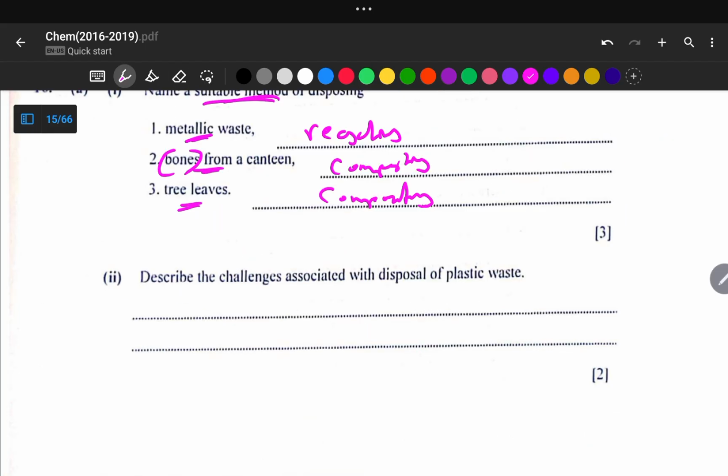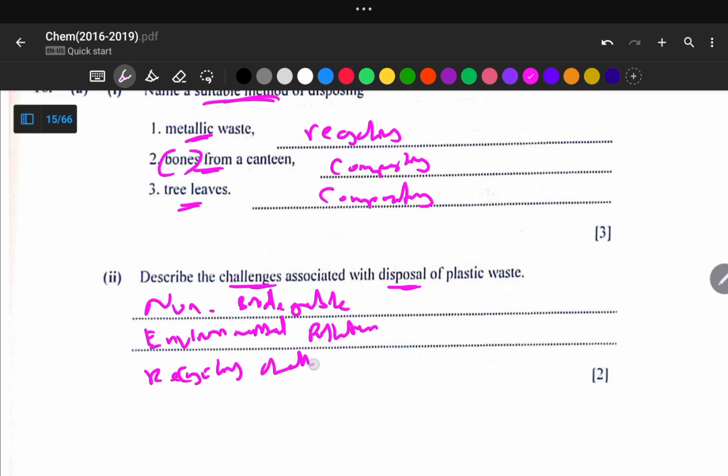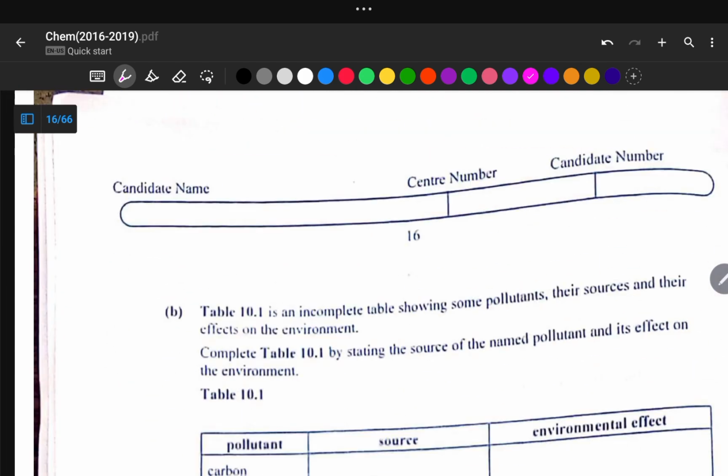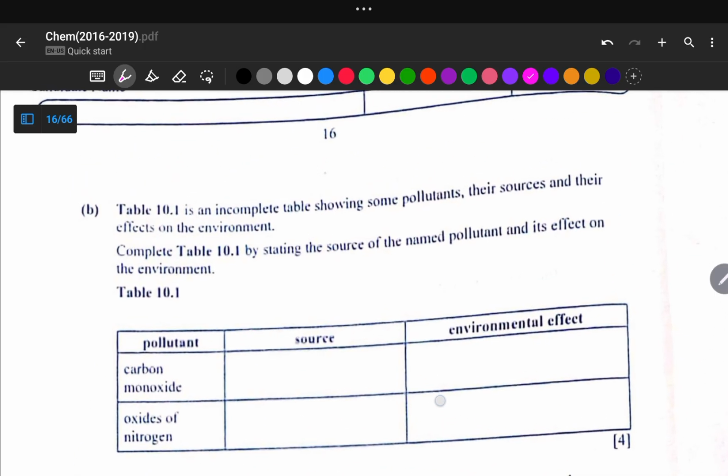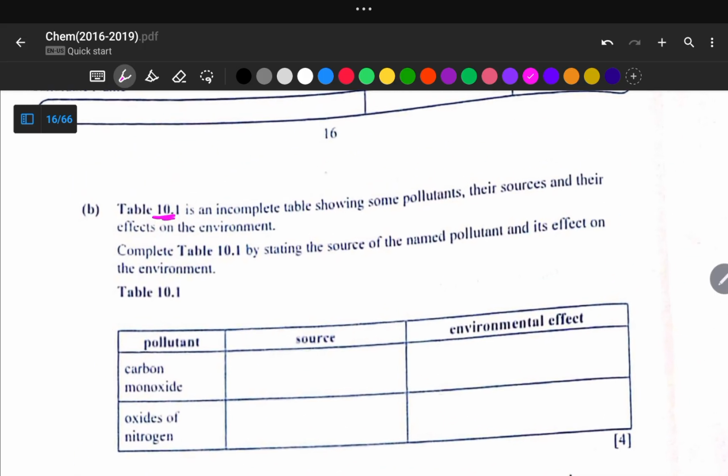And we are done. So the question says, describe the challenges associated with disposal of plastic waste. So plastics are non-biodegradable, and also they cause environmental pollution, and they can have recycling challenges, and etc. So these are the effects, and we can now proceed to number B. Number B says table 10.1 is an incomplete table showing some of the pollutants, their sources, and their effects on the environment, right?